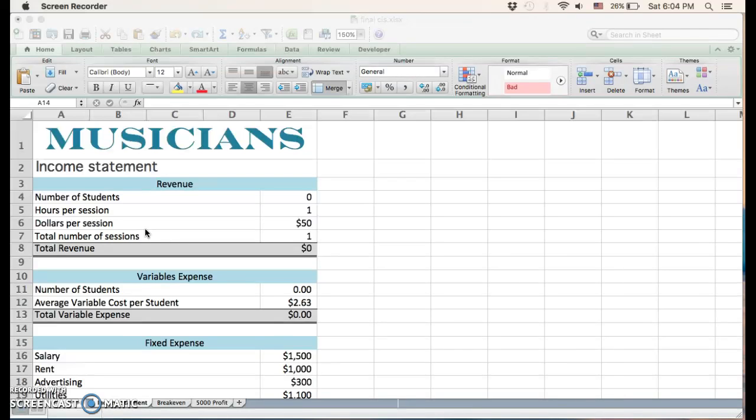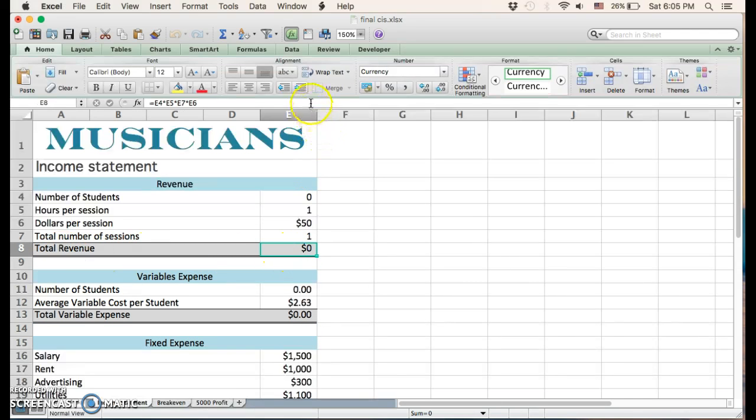I know this scenario doesn't happen often, but let's just see how this will work out. So to get the total revenue, we multiply number of students times hours per session times dollars per session and total number of sessions.